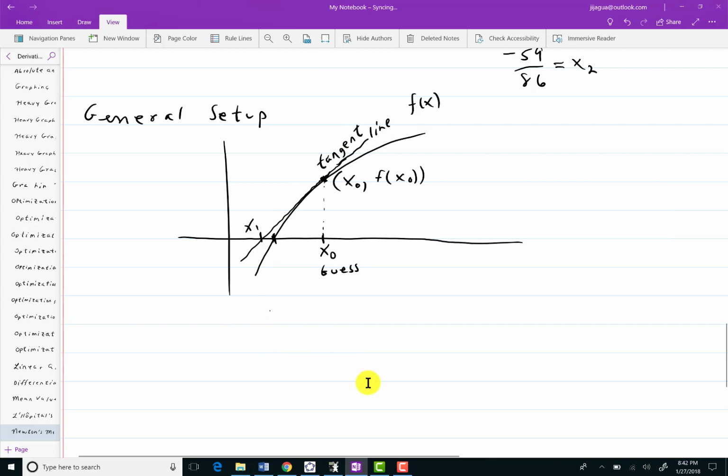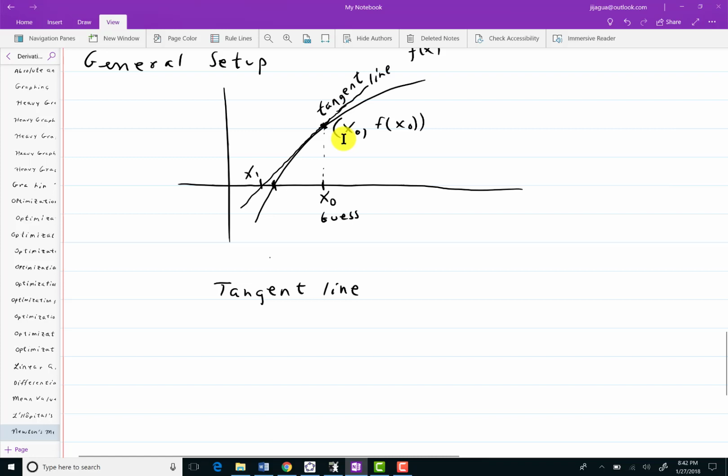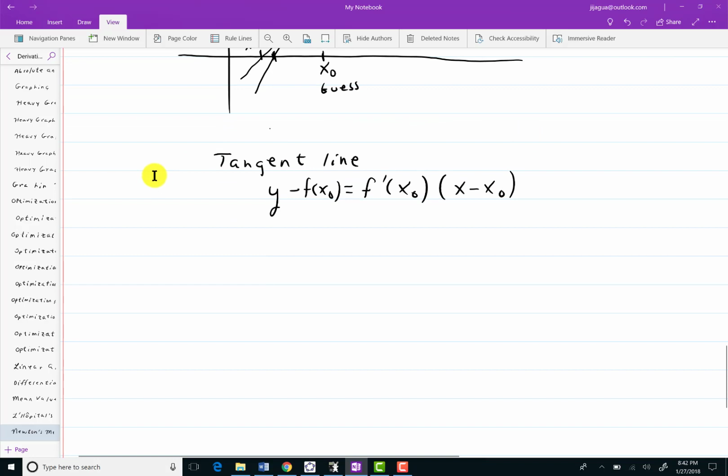So the tangent line equation, you're going to have the slope will be f prime of x sub 0. The point is x0, f of x0. And then x1 is the solution when y equals 0.